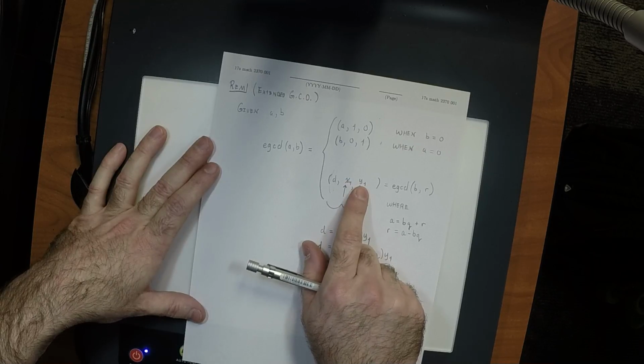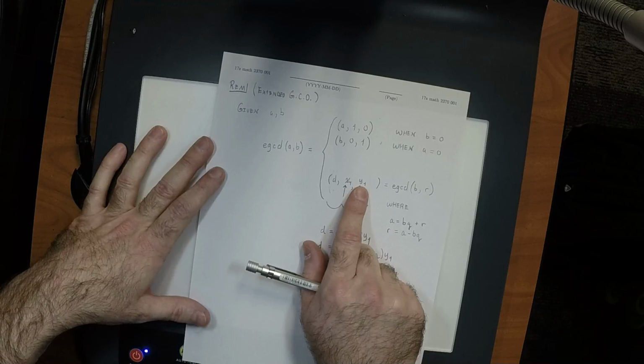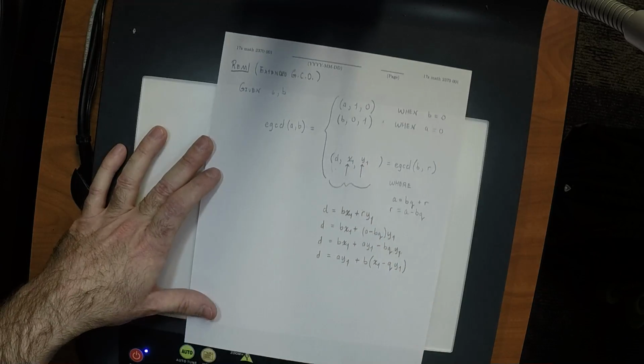We're going to return the same greatest common divisor because the greatest common divisor is not changed. But now we need to return new Bézout coefficients.